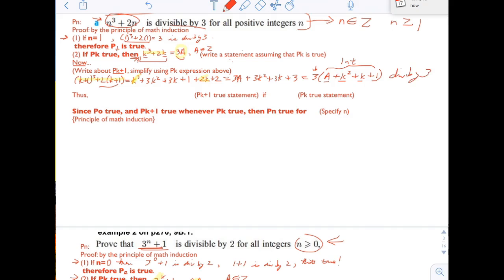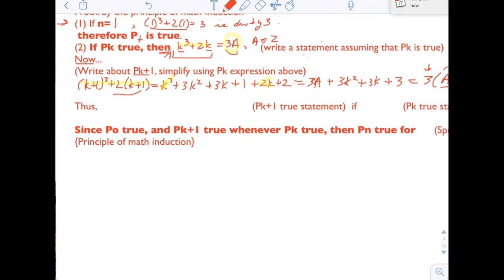So we can say a statement that k plus 1 cubed plus 2 times k plus 1 equals 3a. We could say b because we already used a. 3b, where b is an integer.